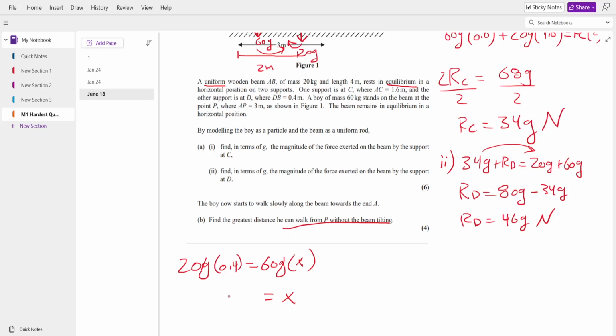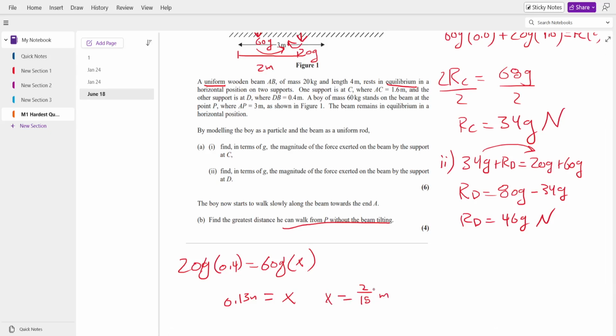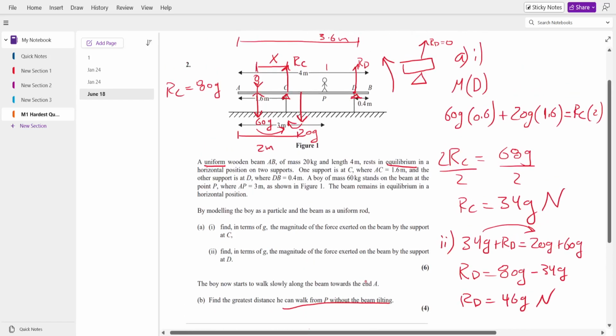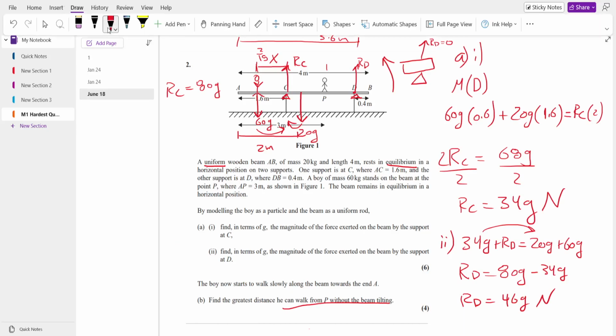So my X is around 0.13 meters, or to be exact, it could be written as 2 over 15 meters. So if my distance X is 2 over 15 meters, then the question wants the greatest distance he can walk from P.